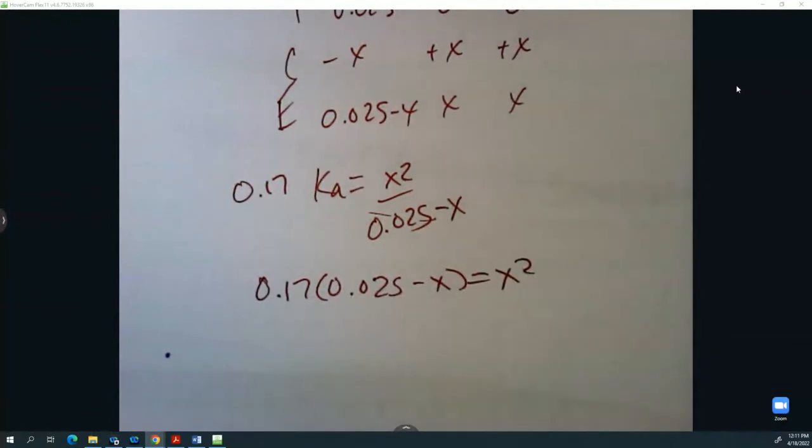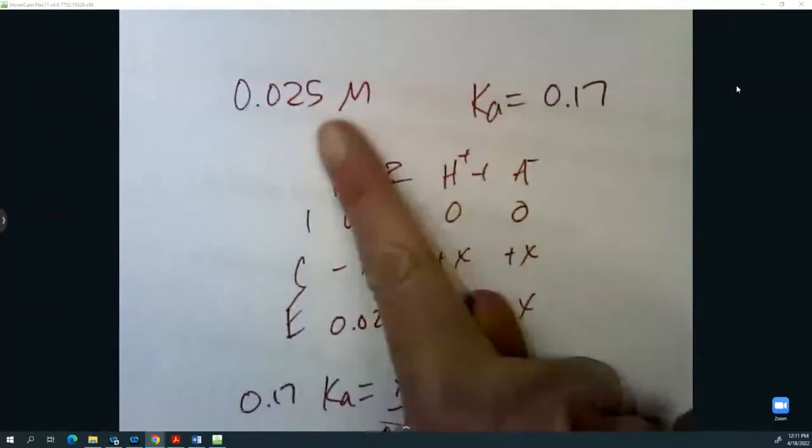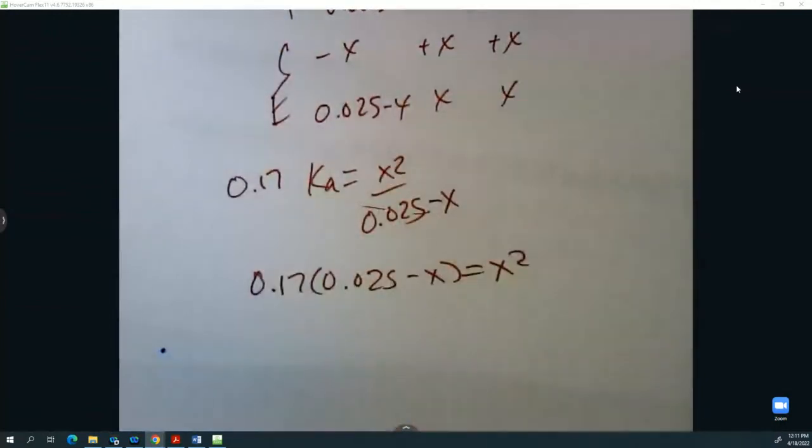But it won't change it by a lot. I mean, it's still a pretty weak acid, and it's still pretty small. So even though it doesn't look like the pH changes by very much, that's a significant change in pH, and so you should get that if you did the quadratic formula. Okay. Even though it comes out kind of close. But that is why it's not right. Okay.